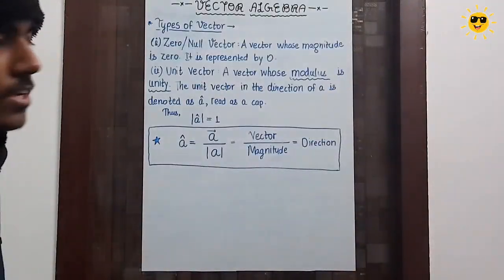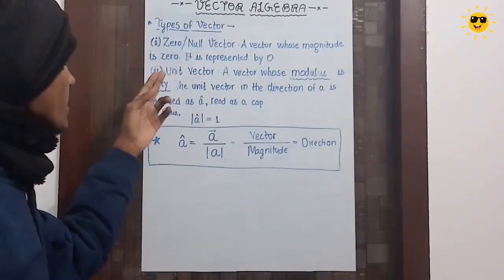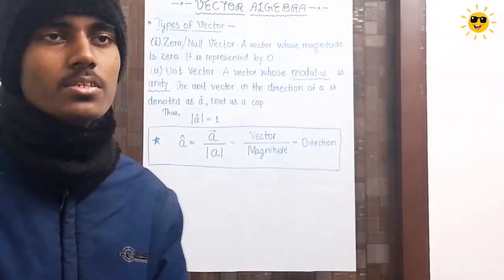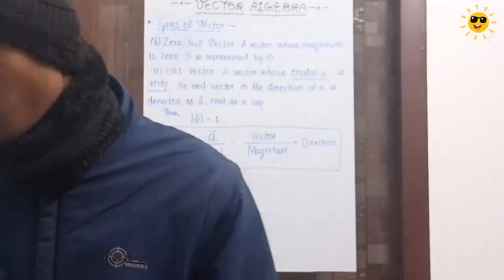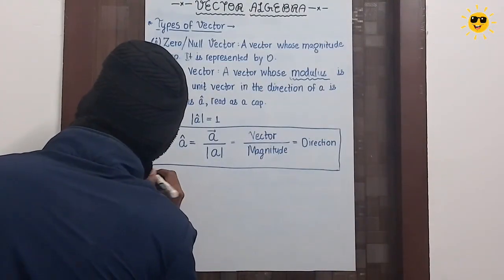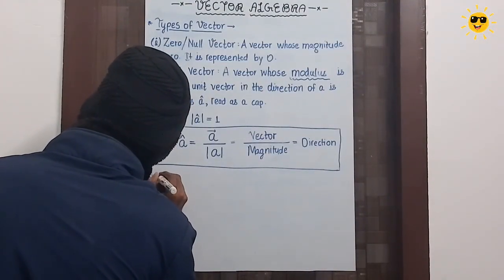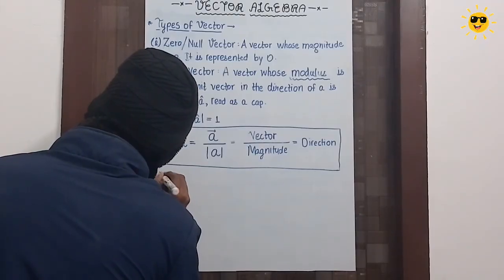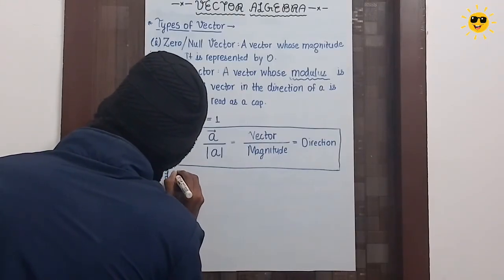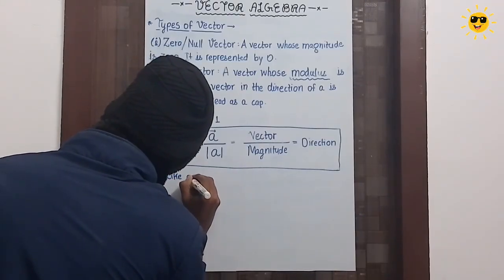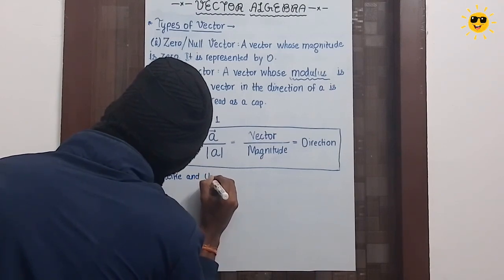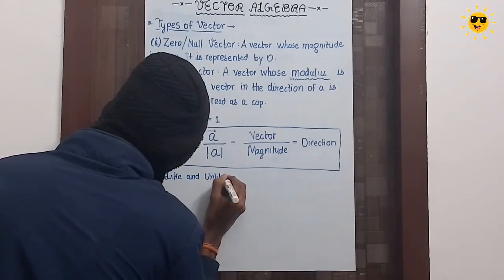Till now we had learned two vectors, zero vector and unit vector. Both were very simple: zero vector whose magnitude is 0, unit vector whose magnitude is 1. Now things are getting interesting with like and unlike vectors.